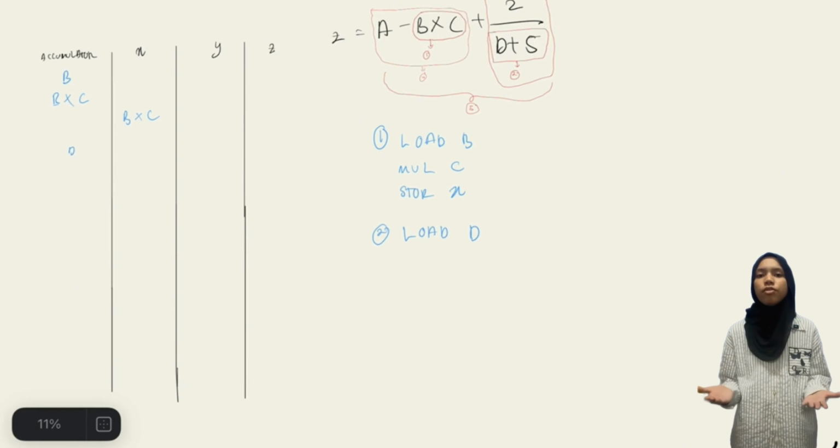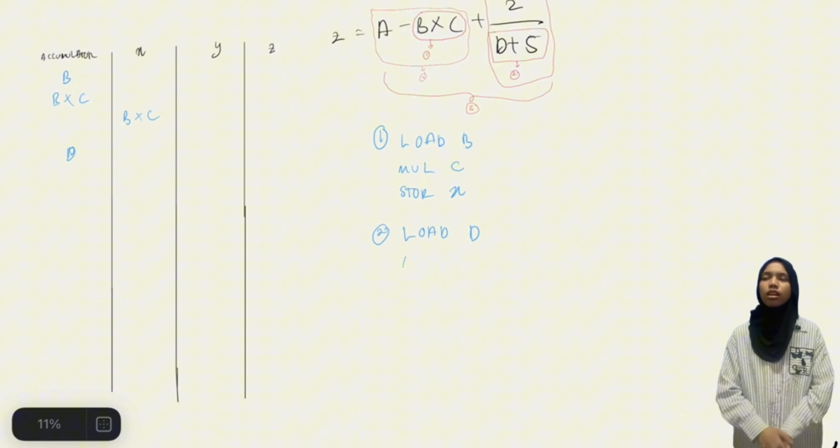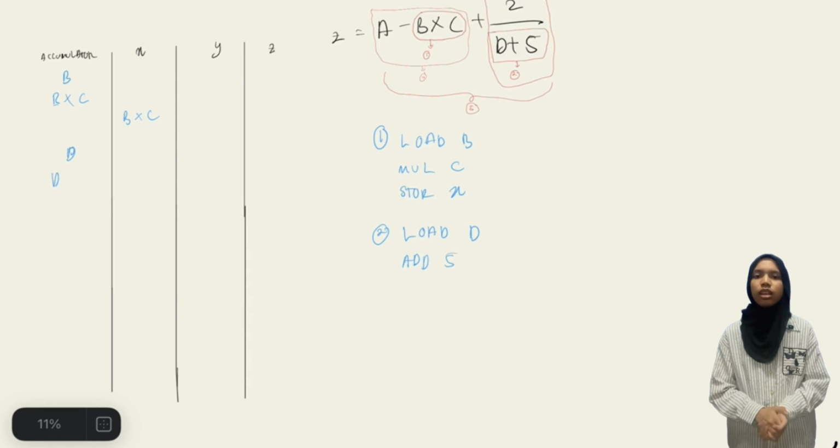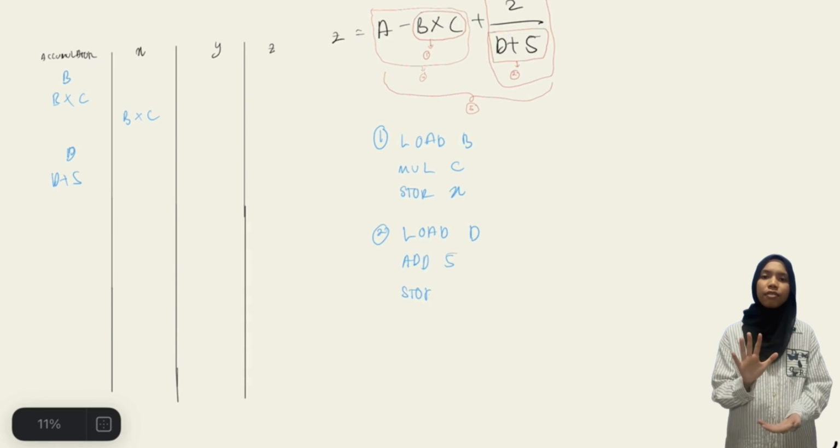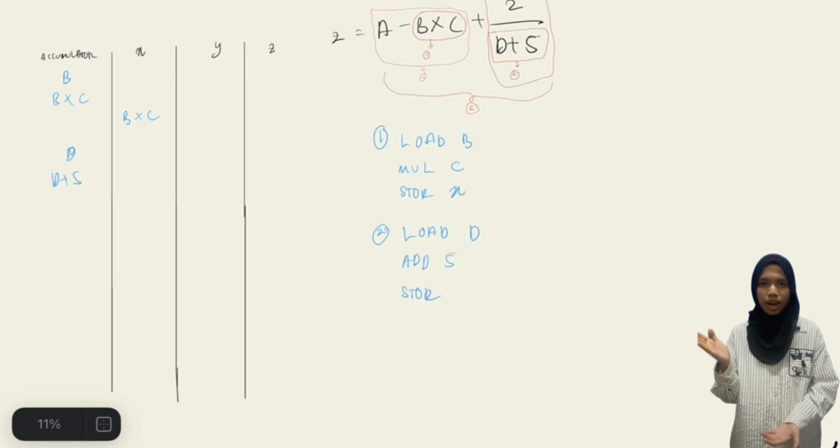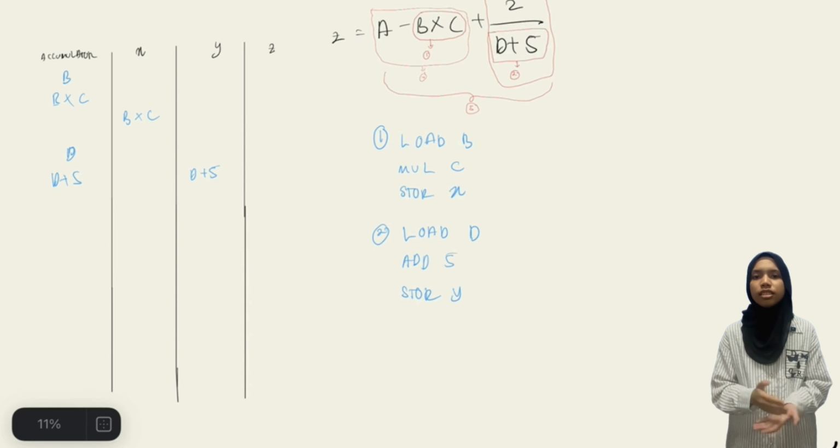Next, we move to the second group. First, load D, then perform ADD 5. After that, store at Y. You can choose either Y or Z because S is already used.